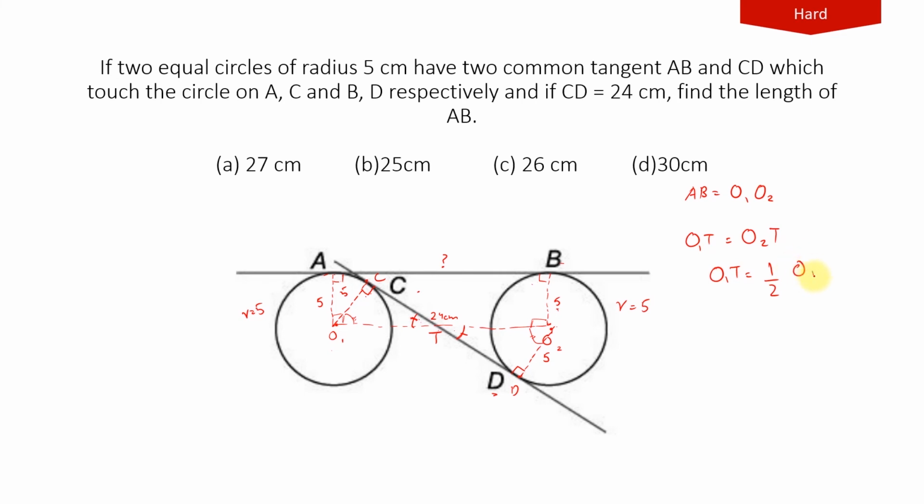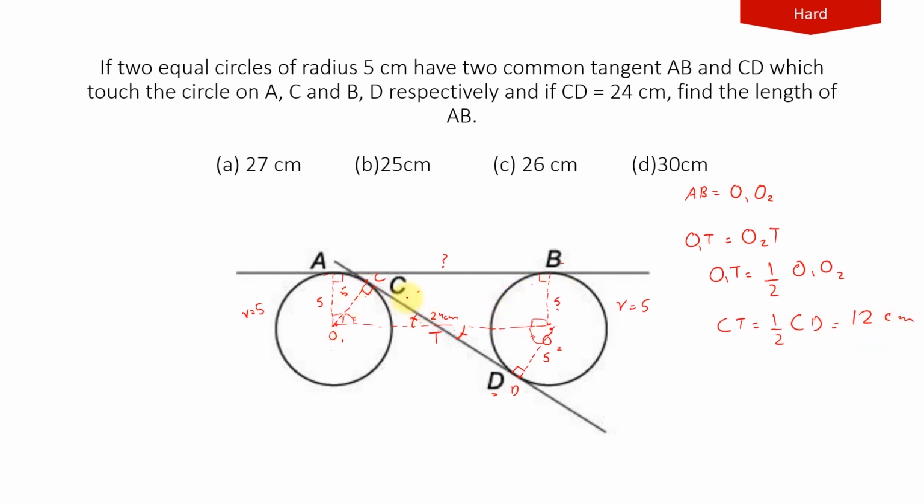This means that O1T is half of O1, O2. We can also say that CT is equal to DT or CT is half of CD. So we know CD is 24 centimeters. So CT is 12 centimeter.